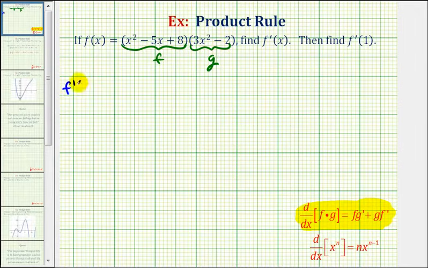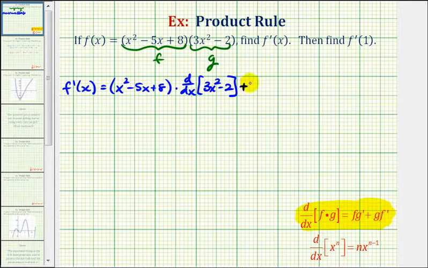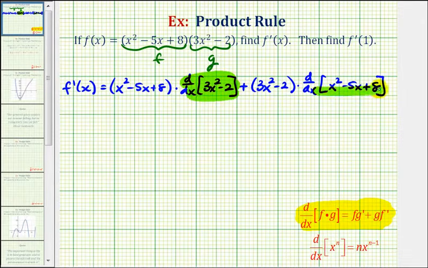So f prime of x is going to be equal to f times g prime, or the first function, times the derivative of the second function, plus g times f prime, which should be the second function, times the derivative of the first function. So now we'll find the derivative here and here, then find the products, and then simplify.